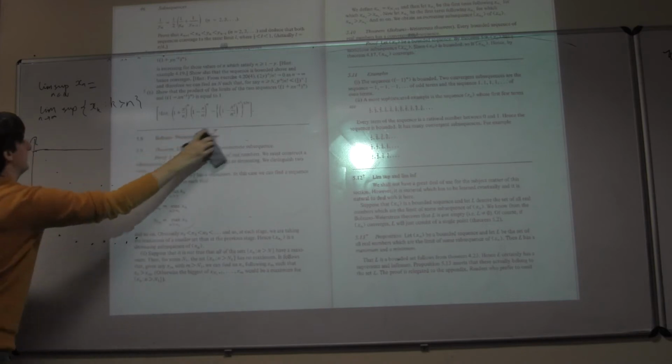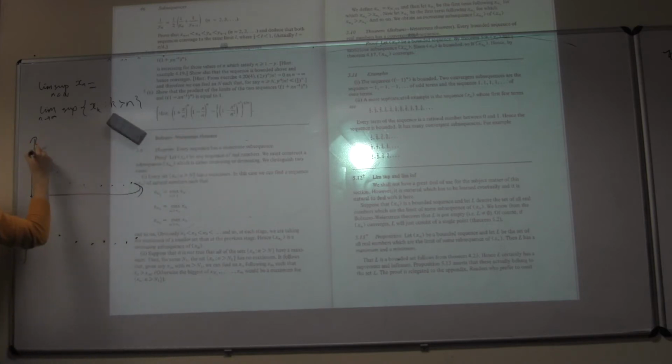Our first supremum is this. Our second supremum is the maximum from this point onwards, and then our third supremum is also that one.